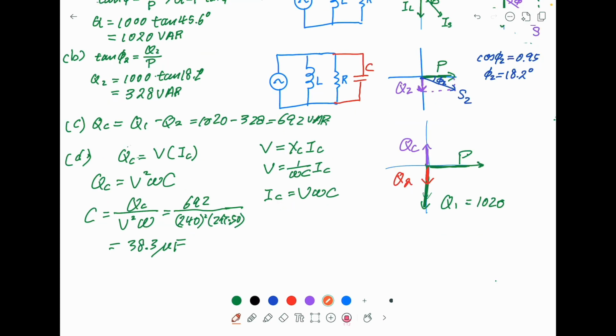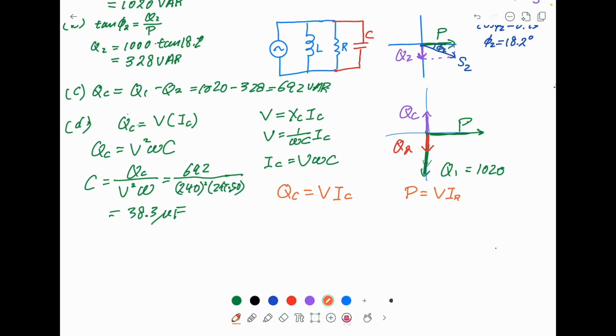Since the question actually asks for the capacitor's reactance XC, we can start from here. Again, QC is equal to V IC. Now in a way everything can be like a parallel, because P is equal to VI, of course this is I across the R. This is the real power.